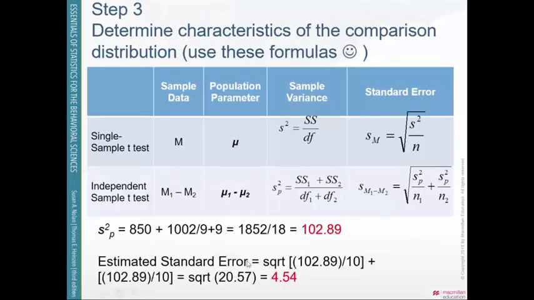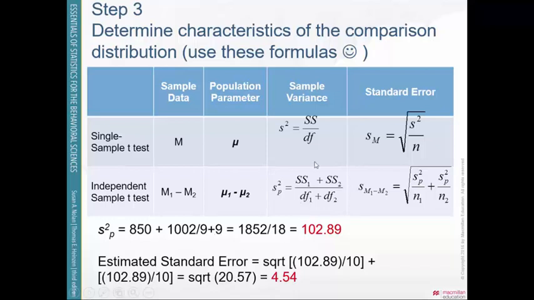So in this case, for the pooled variance, you take sums of squares 1 plus sums of squares 2, which is 850 plus 1002. You add those up first, and then you divide by degrees of freedom 1 plus degrees of freedom 2. In this case it was 9 plus 9.